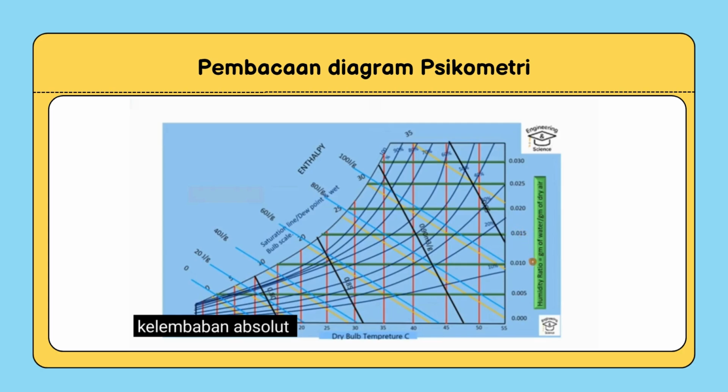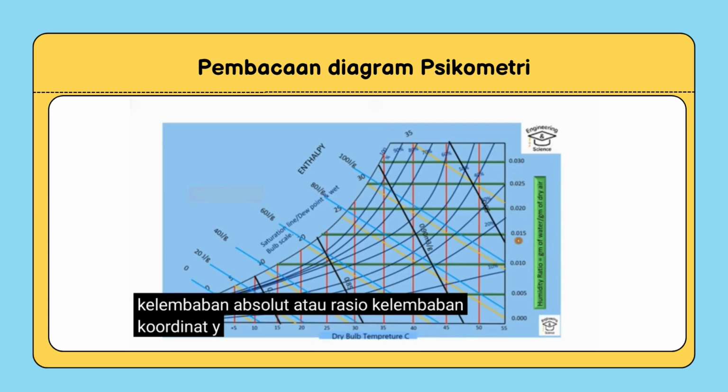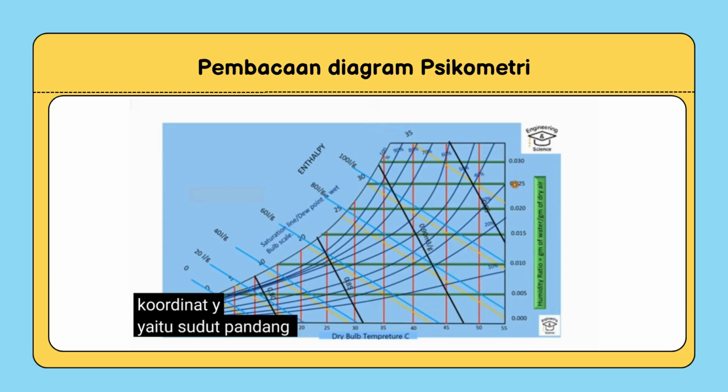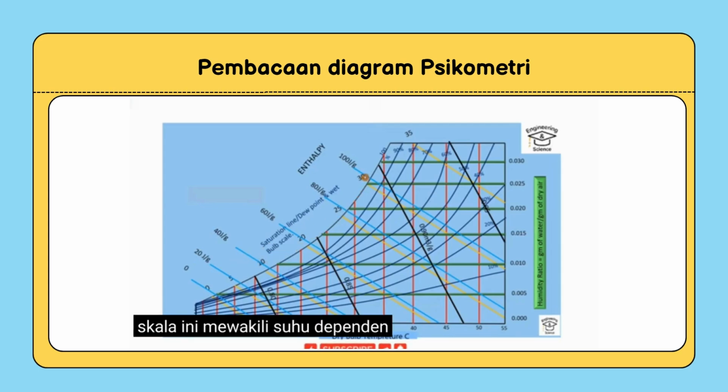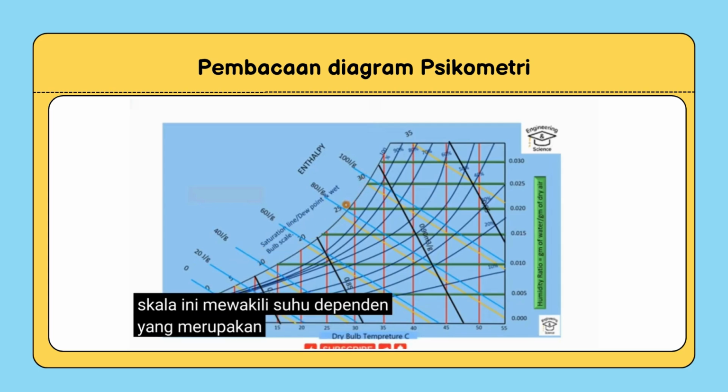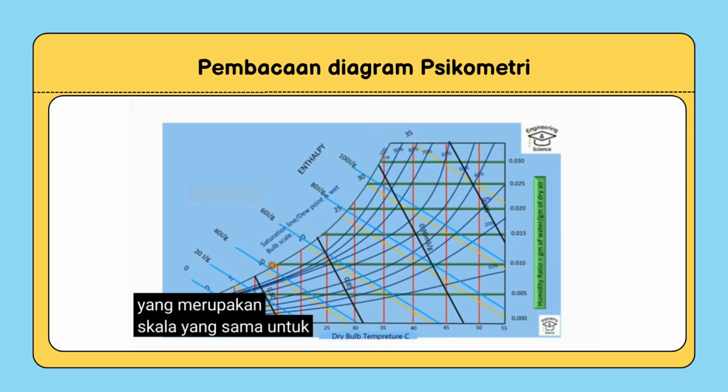Absolute humidity, or humidity ratio, is the y-coordinate. Dew point temperature is represented by this scale, which is the same scale as wet bulb temperature.